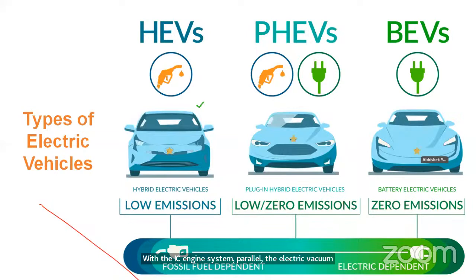In this, the battery pack is small and the motor is small, and those systems give you additional power to run your vehicle. That's called a hybrid electric vehicle.